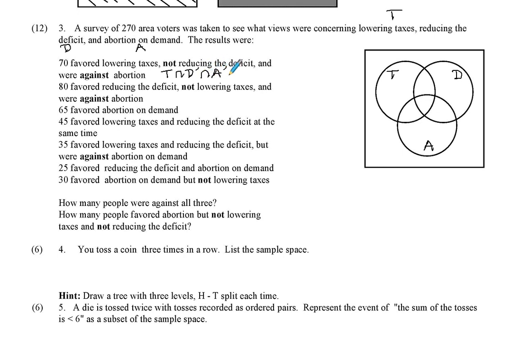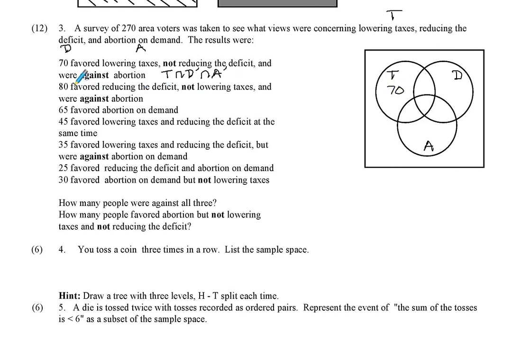So this is telling us the amount that was in T, but not in D and not in A. So you're inside the circle for T, but you're not inside the circle for D, and you're also not inside the circle for A. So that's kind of saying the people that only wanted to lower taxes, so we can actually fill that in. That is this part right there. Okay, that's the 70. So let's go ahead and label that.